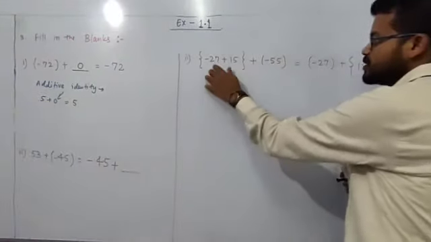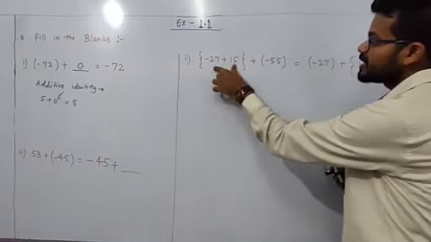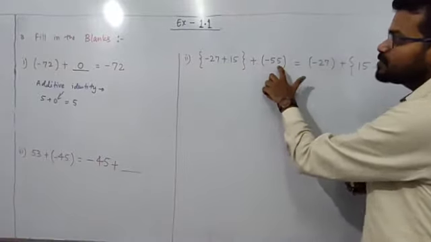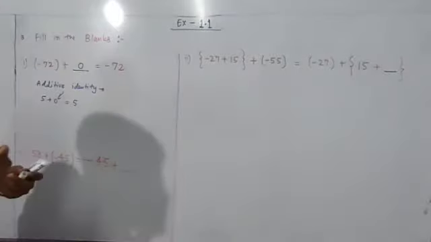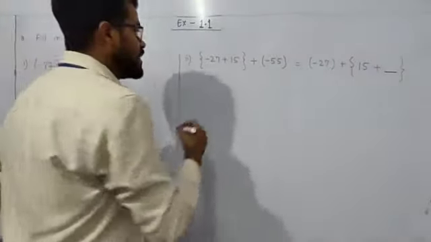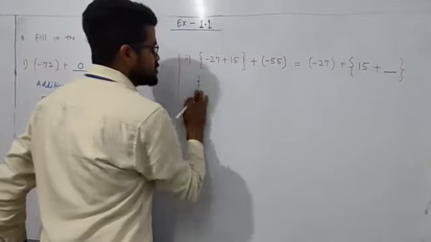Now come to the next question. Here, minus 27 plus 15 plus minus 55. Just try to remember the last property, which is the associative property. What is the associative property?